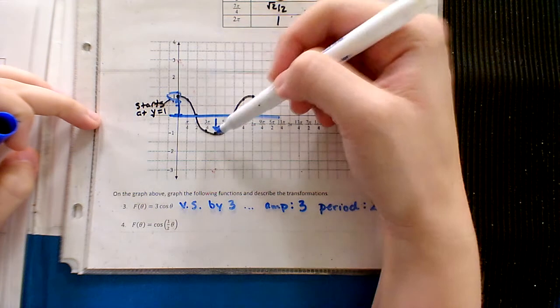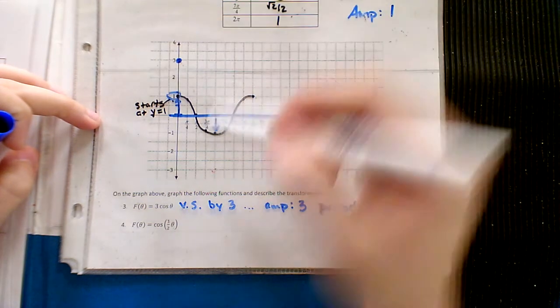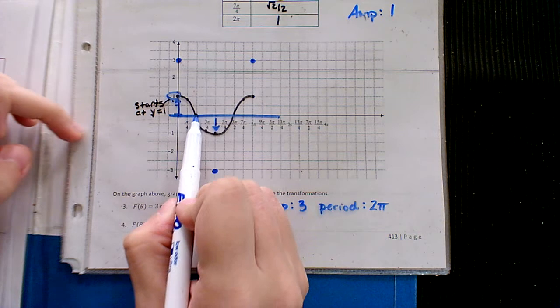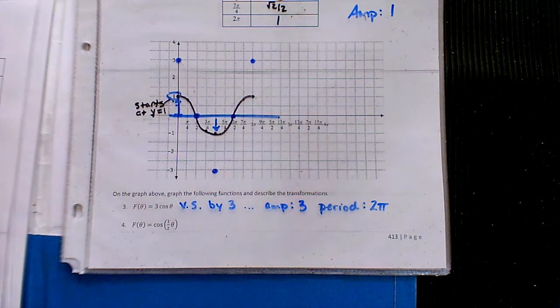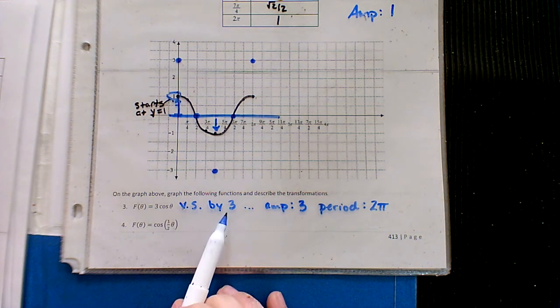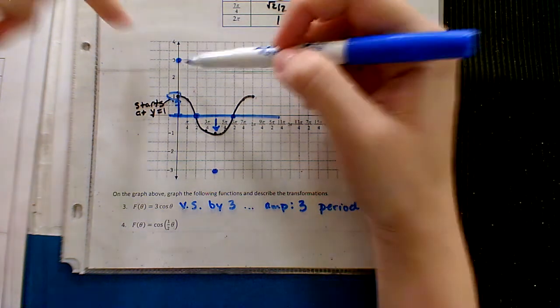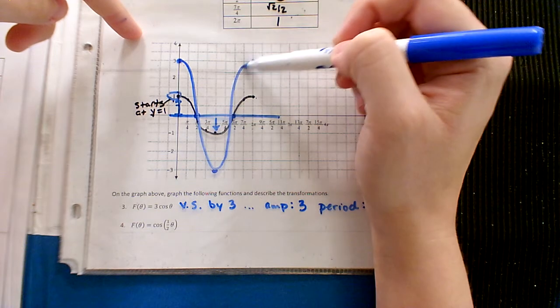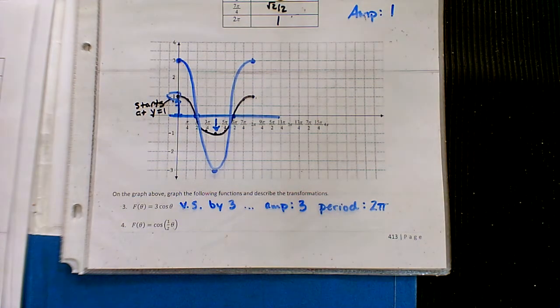So these high points and low points, we'll go ahead and stretch those. But the x-intercepts are going to stay exactly the same, because those y values are 0, and if you multiply those by 3, they're not really going to change. So we're going to keep the same basic shape, but notice how we vertically stretched it. We made it a very tall wave.